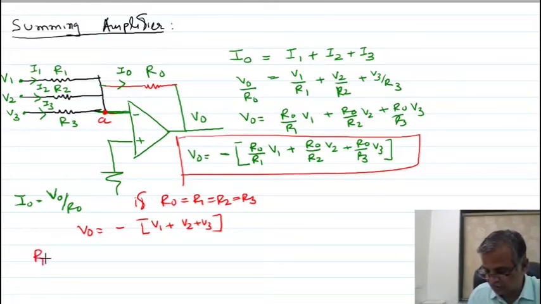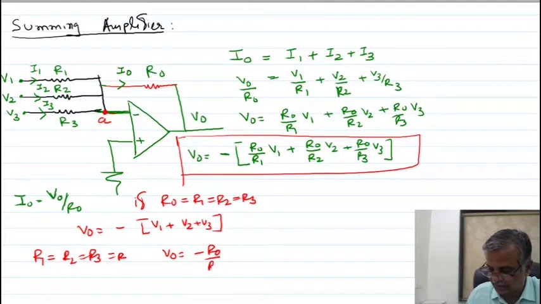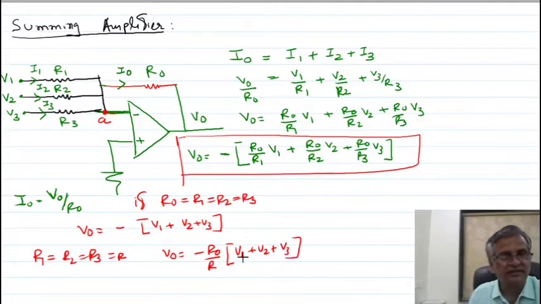You can also say if R1 is equal to R2 is equal to R3 is equal to R, then the above equation can be written as minus R0 by R into (V1 plus V2 plus V3). So the output is the sum of the input voltages that you can obtain in a summing amplifier.